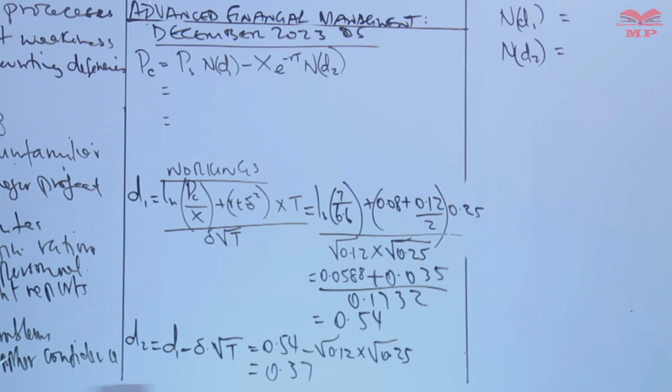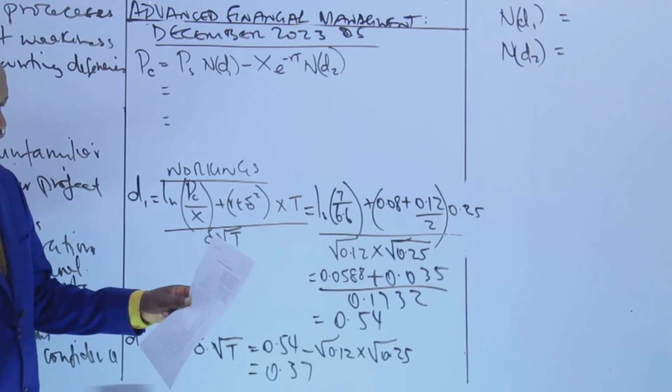So ND1, what do you get? Page says 0.7054. That is true. I can confirm that.